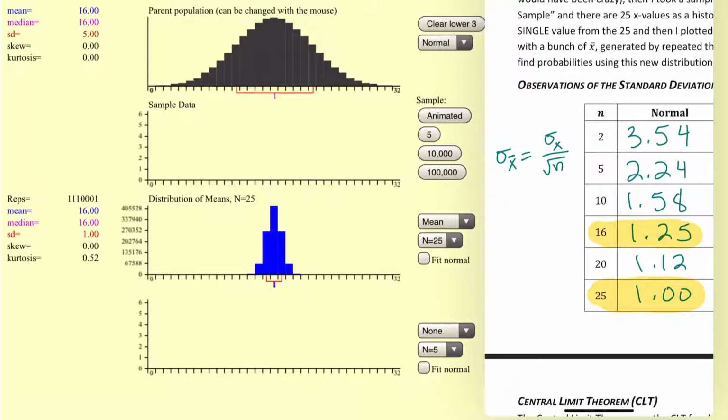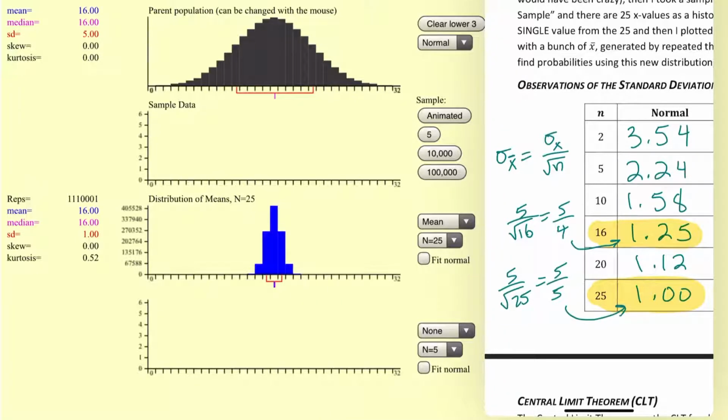So let's take a look at that 16. My standard deviation is 5, and if I divide by the square root of 16, this is the same thing as saying 5 divided by 4, because the square root of 16 is 4, and 5/4 is 1.25. Now for the 25, the square root of 25 is 5, and 5 divided by 5 is 1.